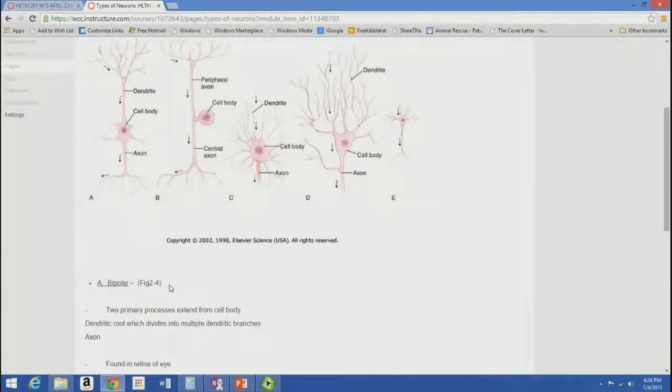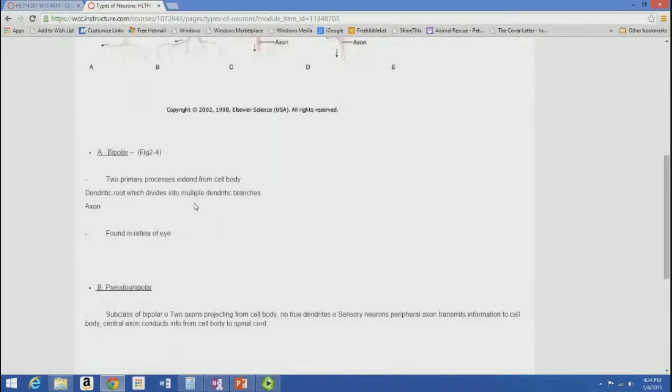Letter B here, the second one from the left, is the pseudo-unipolar. And it's sort of two axons projecting from the cell body and no true dendrites. Sensory neurons that are transmitting information to the cell body, you get that central axon conducting information from the cell body to the spinal cord.